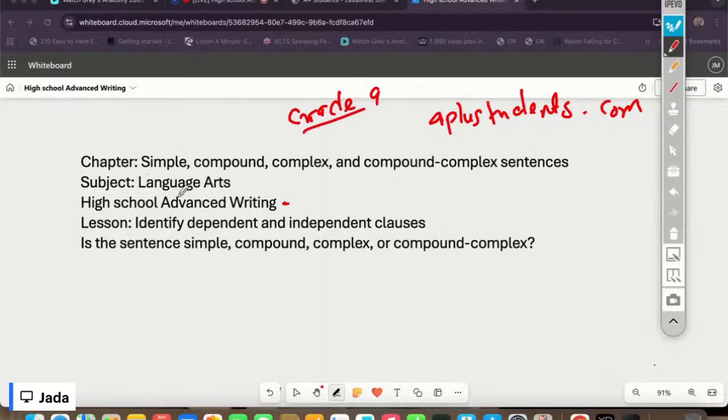So, the lesson will be to identify dependent and independent clauses. Is a sentence simple, compound, complex, or compound-complex?